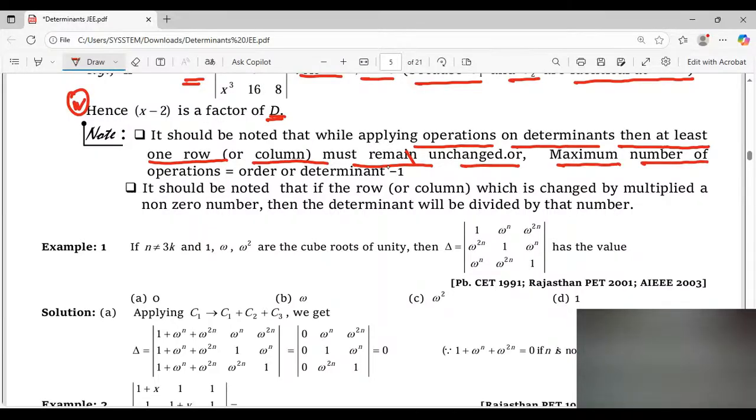Maximum number of operations is the order of the determinant minus 1. It should also be noted that if a row or column is changed by multiplying by a non-zero number, then the determinant will be divided by that number.